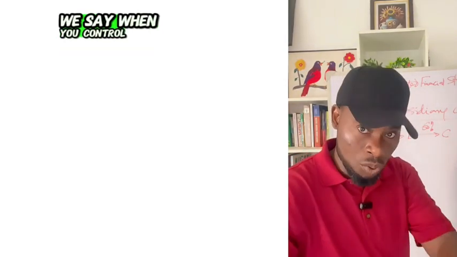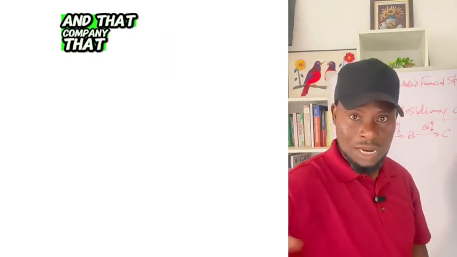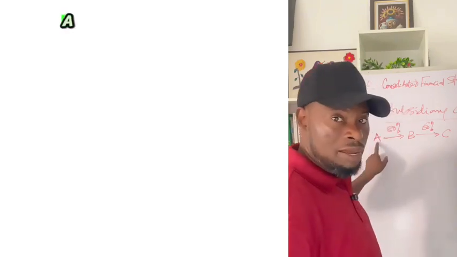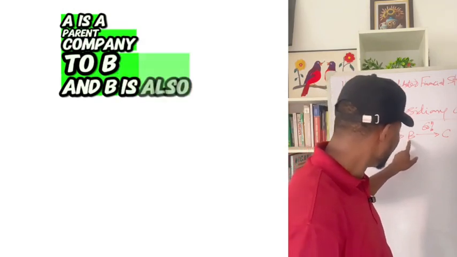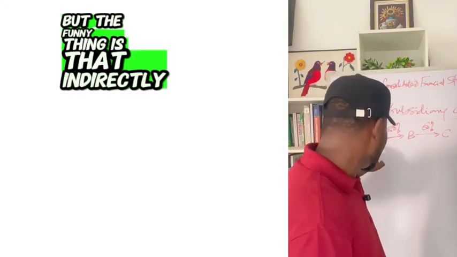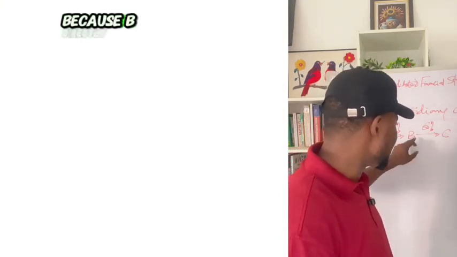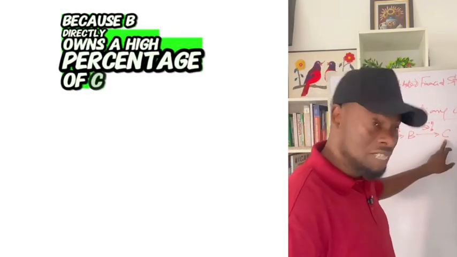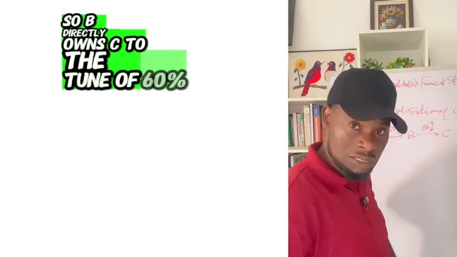We say when you control another company, you become a parent. And that company that is being controlled is a subsidiary. So A is a parent company to B. And B is also a parent company to C. But the funny thing is that B has a direct relationship with C because B directly owns a high percentage of C. So B directly owns C to the tune of 60%.